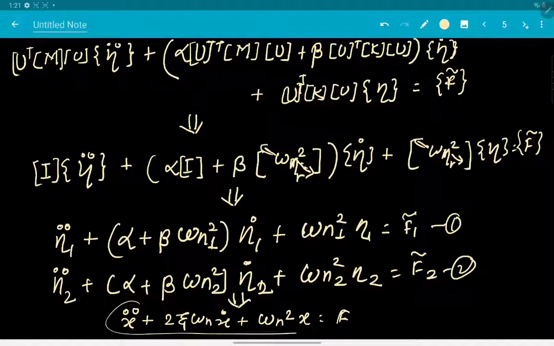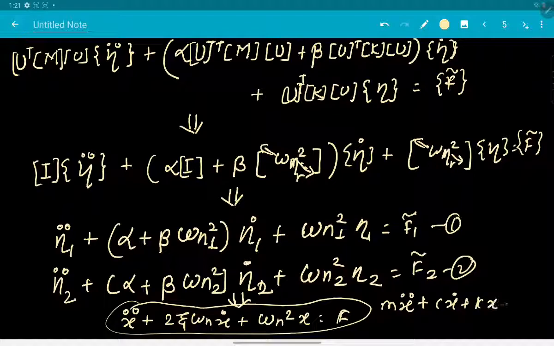Right, we have done this before. Our initial system, which was m x double dot plus c x dot plus k x equal to f, will be f bar. If we divide by m, then c by m comes out to be equal to 2 xi omega n, because c itself is 2 m xi omega n, and k by m comes out to be equal to omega n square.